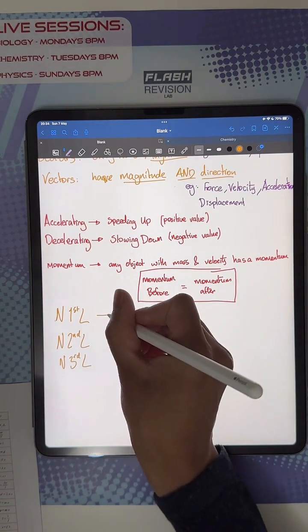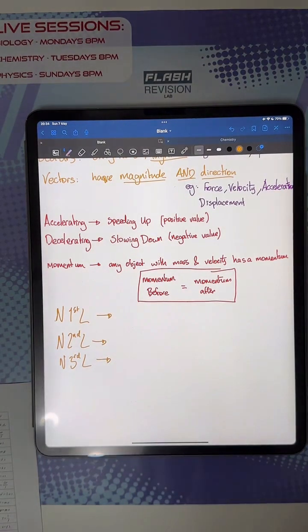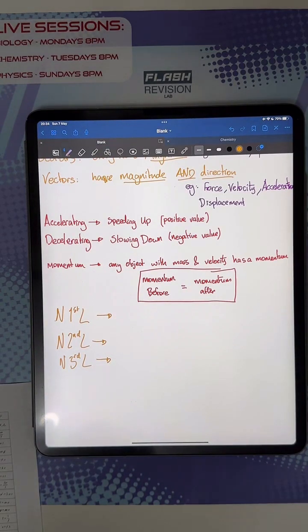Anyone know what the first law is? So it's to do with resultant force being 0 or balanced forces. Stationary or constant speed, yes. An object will stay in motion or rest unless disturbed by an outward resultant force. Okay, that's one way to say it.